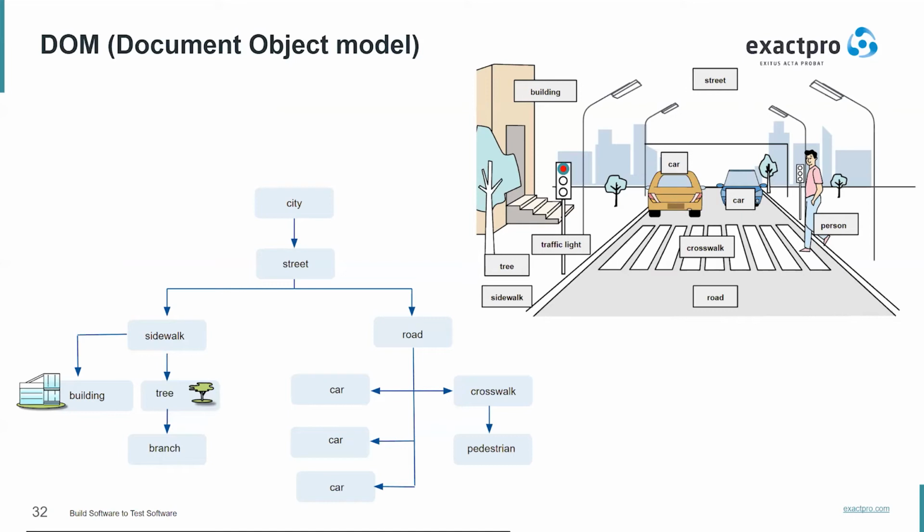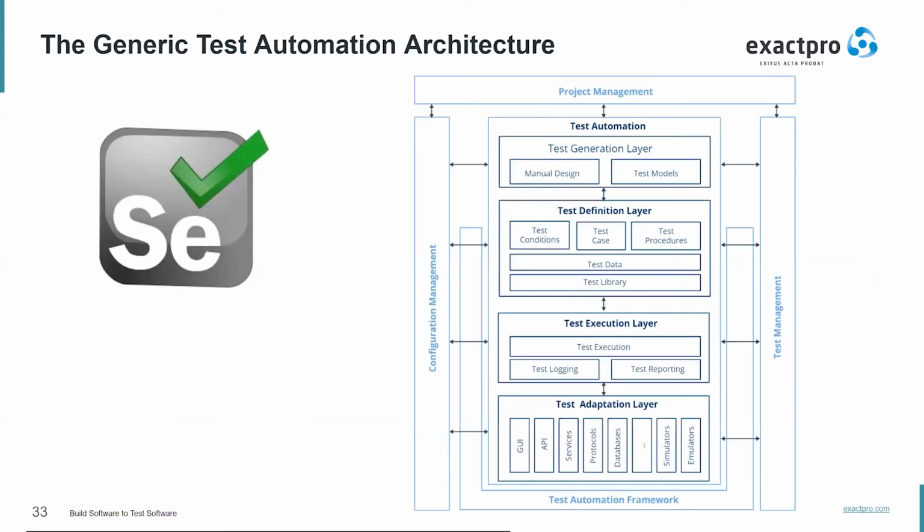Now there are, of course, software testing tools which can interact with the elements of the model, and one of those tools is Selenium WebDriver. This tool works at the test adaptation layer. This is what connects everything else with the system under test. Selenium WebDriver transfers commands to the browser, and they take control over the browser.